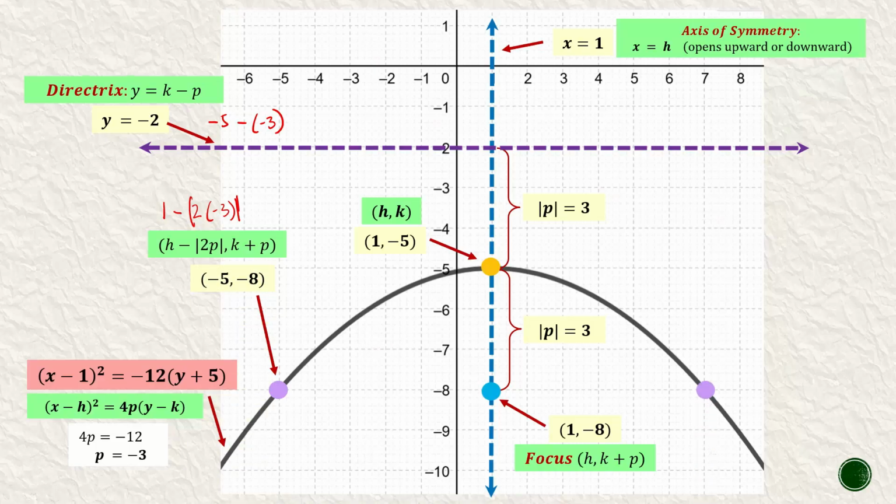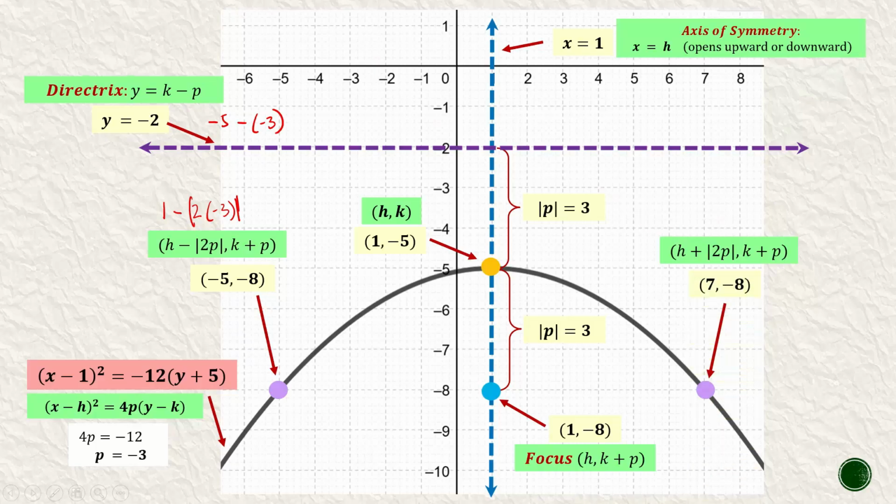And for the right end of this LR, or latus rectum, we have this point. The formula for the x coordinate is going to be h plus the absolute value of 2p this time. K plus p for the y coordinate is the same as the focus and the left end of this LR. So h is positive 1 plus 6. 2 times negative 3 is equal to negative 6, but we want the absolute value of that.